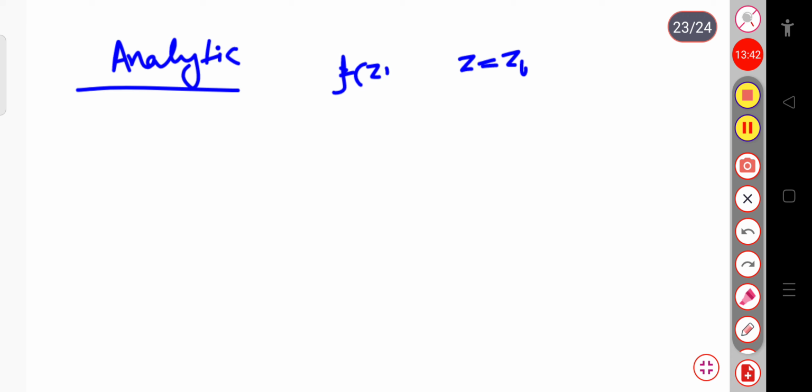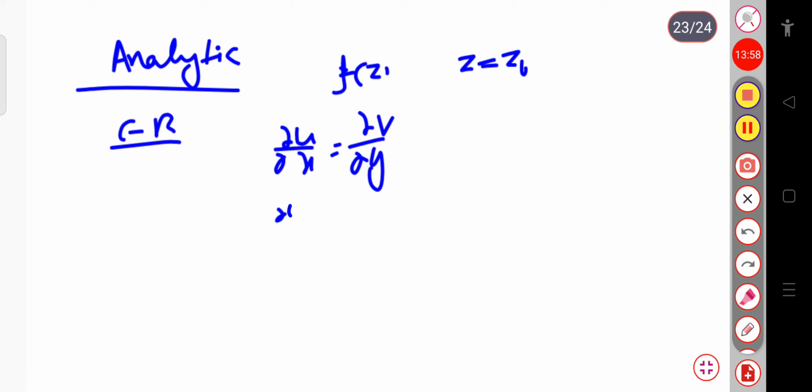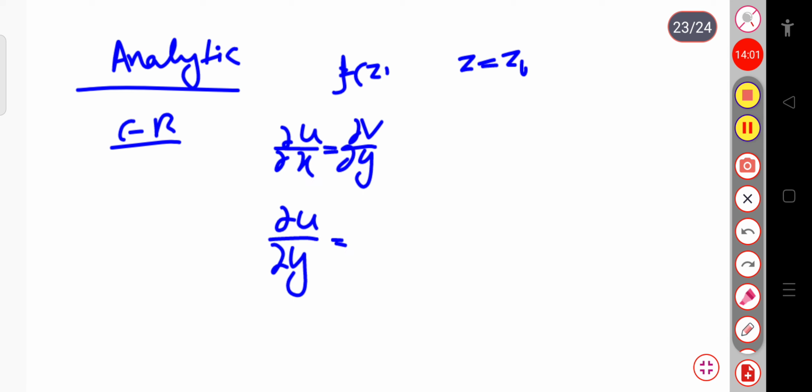Now if I discuss the Cauchy-Riemann condition, to check whether the function is analytic or not, we have to simply check that dou u by dou x should be equal to dou v by dou y, and dou u by dou y equal to minus dou v by dou x. So this is the Cartesian representation.